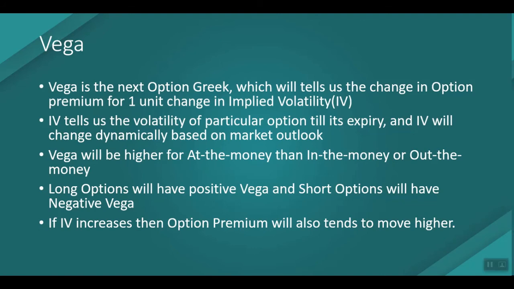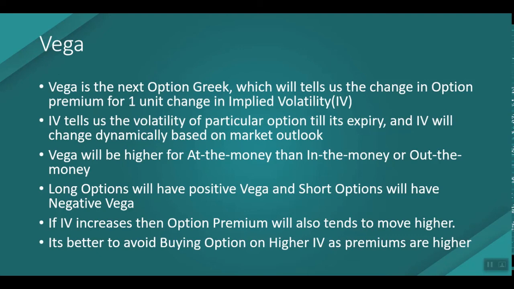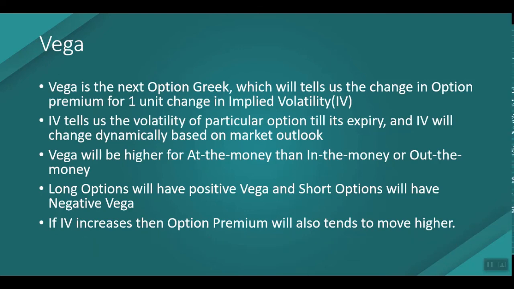So this is the reason that most people do option selling strategies when the company is going to announce some results, right? So by looking at Vega and IV, we can do this expiry earnings trade.